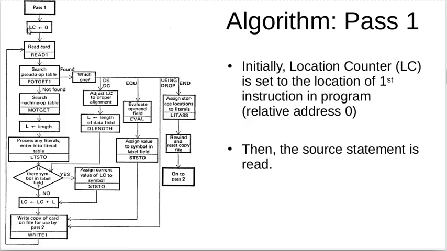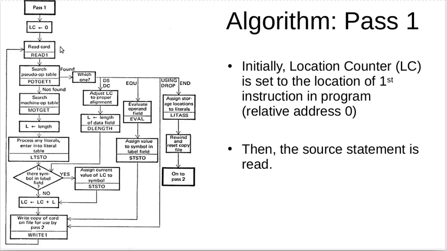Initially, the location counter, LC, is set to 0. So the location counter is set to the location of the first instruction in the program, and the first instruction in the program is said to have a relative address location 0. Then there is an instruction which says read card. Read card means read one instruction from the source program.